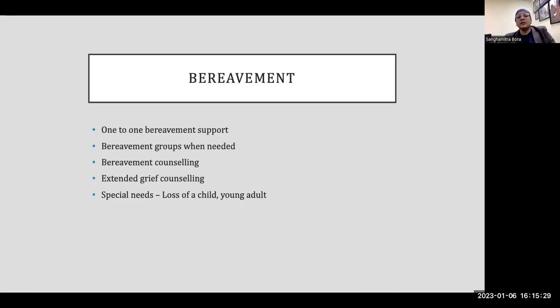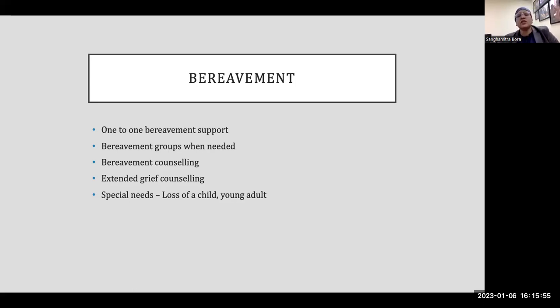Bereavement is a huge role of the social worker, because in palliative care, when we have dying patients with us, the social worker generally has a huge role to play in bereavement support. Okay, maybe one-to-one bereavement, maybe bereavement groups.